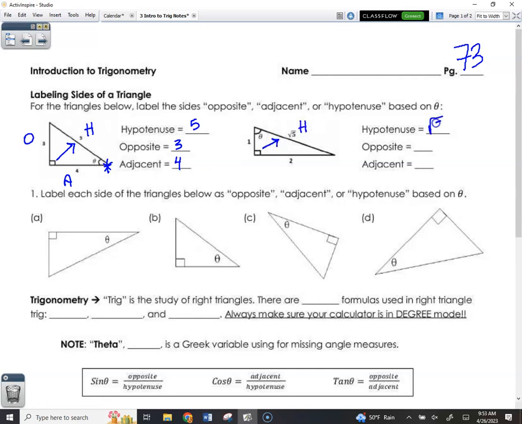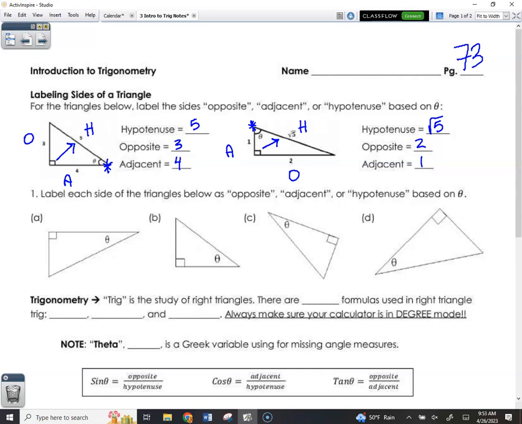That's your hypotenuse. Go to theta, put an asterisk or a star to draw your attention to that corner now. The side opposite of theta is 2, and the side adjacent to theta is 1.